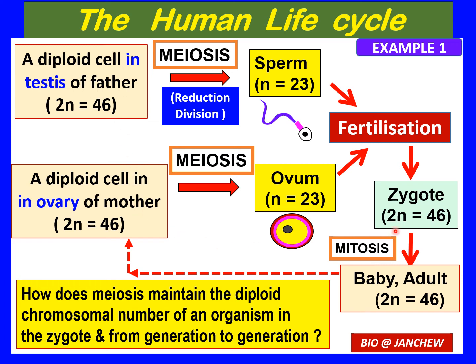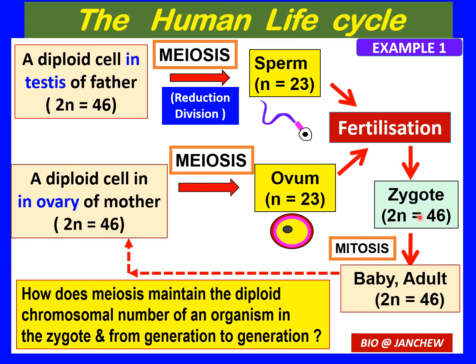So the offspring will inherit the traits from both parents through the sperm and ovum, because the zygote or offspring will have both sets of chromosomes. One set from the father, so it will inherit some characteristics of the father, and one set of chromosomes is from the mother, so it will inherit some characteristics from the mother.